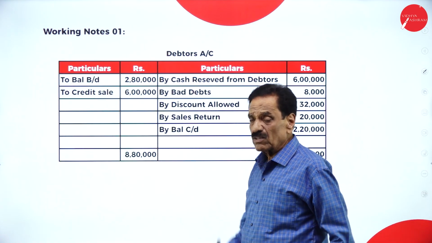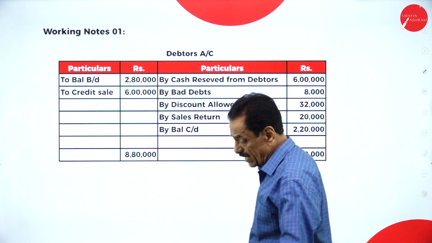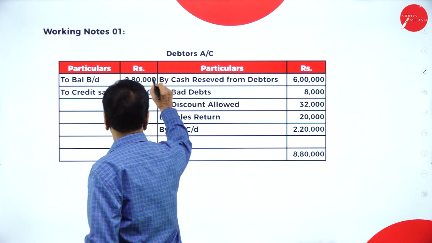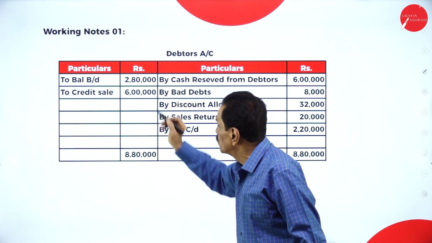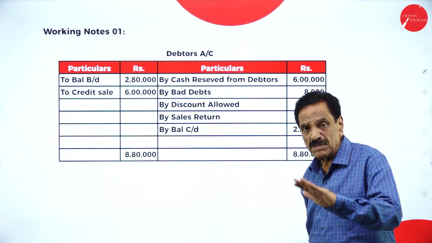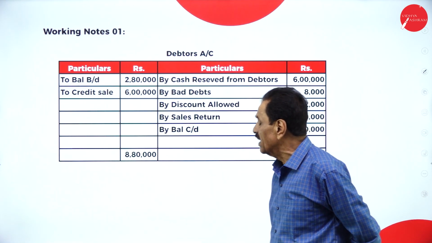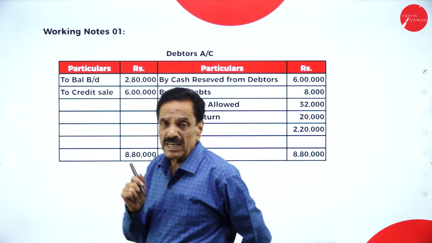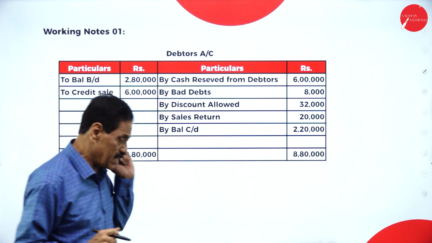If we see that question, there is no closing debtor; we are going to calculate it as the balance brought down. We have to receive from our customer how much money? 2,80,000 at the beginning of the year. During the year, there was a credit sale of 6 lakh. Totally, the company has to receive 8,80,000.